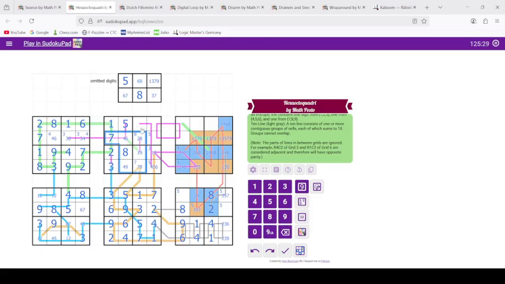That's a 4. This is 1, 2, 3, 4, 5. Either one of those could be 1. If this is a 1, that's a 3. 10 minus 1 is 9, yeah.